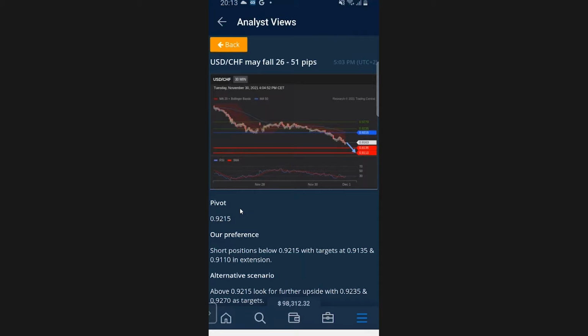And then why would the Swiss franc be a good pairing? Why would the Swiss franc strengthen today? What do we call the Japanese yen and the Swiss franc? What type of currencies are they? Safe haven currencies. They tend to be currencies that investors will flock to when there's a lot of fear on the markets.